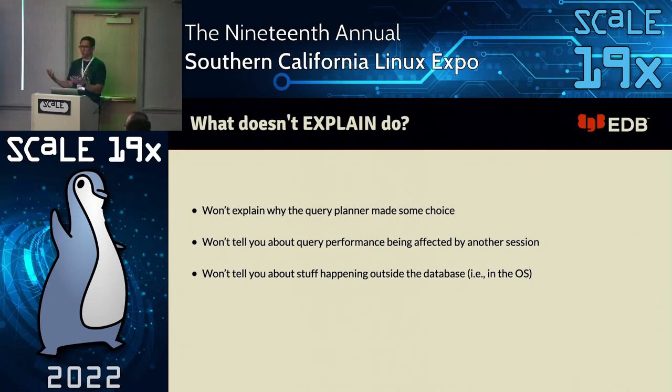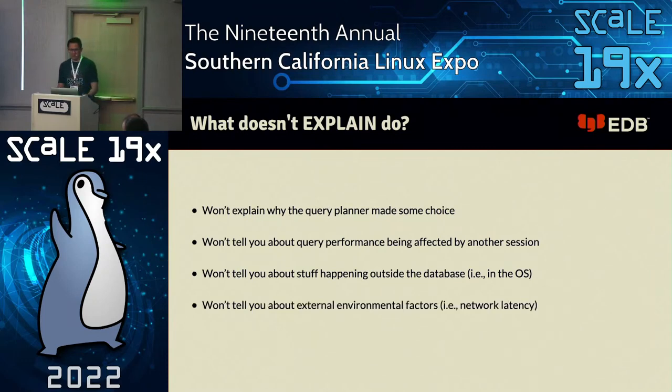Like, let's say your operating system is doing some kind of flush of the cache or doing an antivirus scan or something like that, and therefore the disks are slow. It won't tell you, hey, your operating system is causing it to be slow. It also won't tell you anything about external environments, like, hey, your network's slow, there's a lot of network latency. So these are the things that explain won't do.